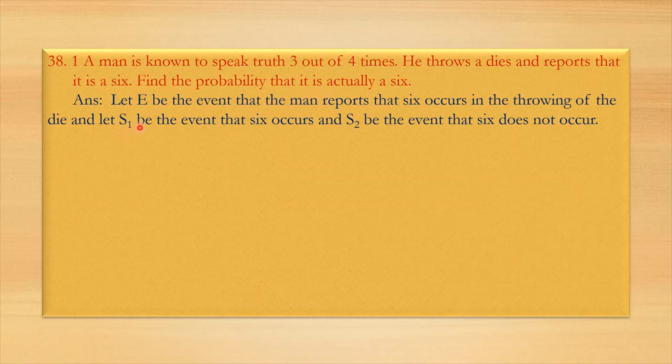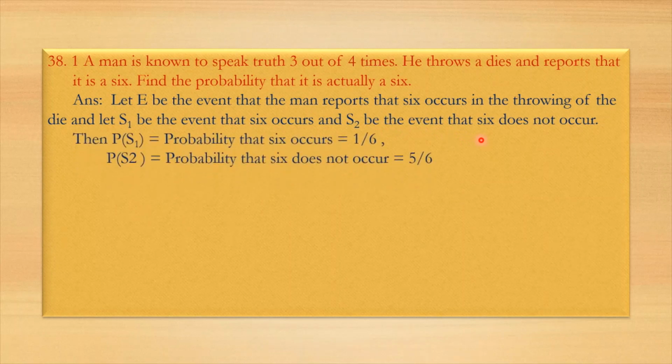And next, S1 be the event that 6 occurs and S2 be the event that 6 does not occur. Please keep in mind, don't be confused: E is the event that the man reports that 6 occurs in the throwing of the die, meaning he reports that. And S1 is the event that 6 occurs and S2 is the event that 6 will not occur.